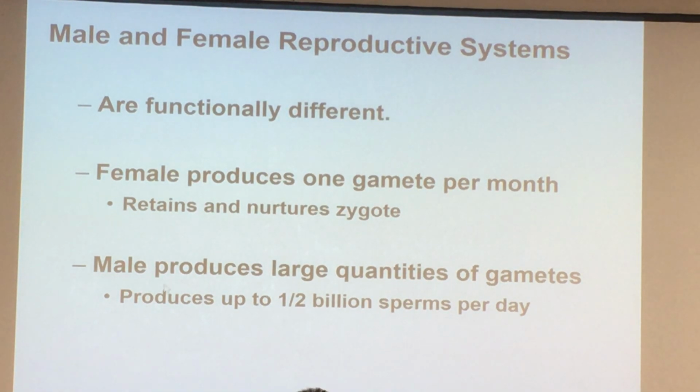The male is just the opposite. You produce a large quantity of gametes, a lot of sperm. If you are young, up to 500 million sperm every day. You produce a lot of gametes, and your body structures want to get rid of them, to push them out. The female wants to keep it, every month just one. So that's the basic difference.